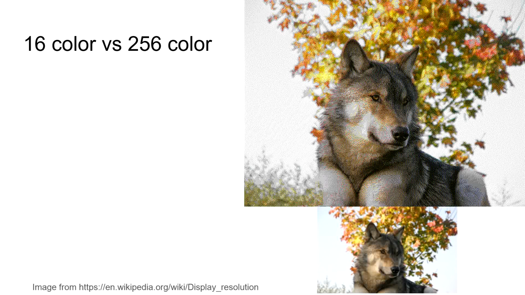I'm sorry, the bottom one's actually 256 colors. It's not the full original. So you can see with 16 colors, you start to get some interesting patterns. If you look at the background, instead of being a constant gray, it's actually a dark gray and a light gray sort of patterned in there, right?